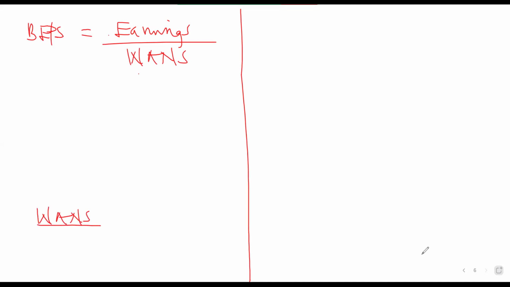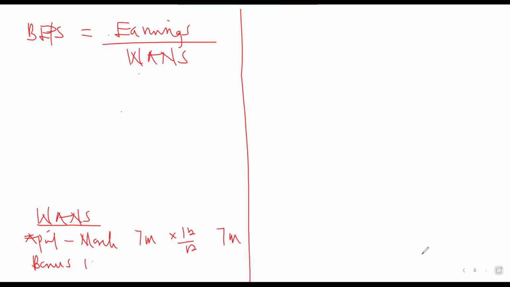So you do your April 2015 to March. We have our full shares over there. That will be 7 million, isn't it? 7 million times 12 over 12. That will be 7 million again. Let's count to the bonus issue.